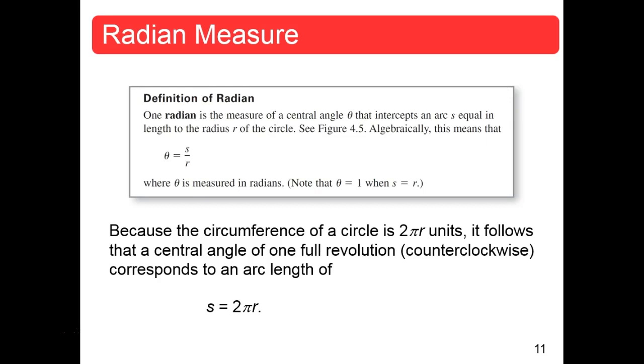So your theta would have a measure of 2 pi. One full revolution around the circle is always going to be an angle of 2 pi radius. So all the way around any circle, a tiny circle, a big circle, all the way around is going to be 2 pi radius. Always.